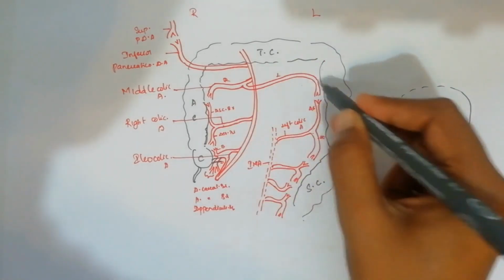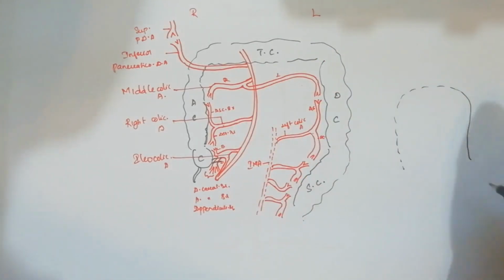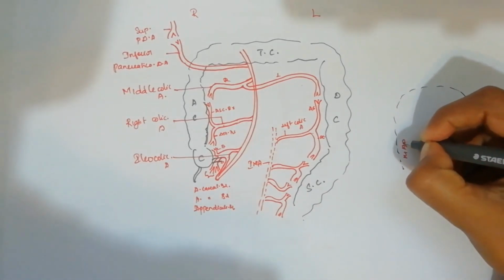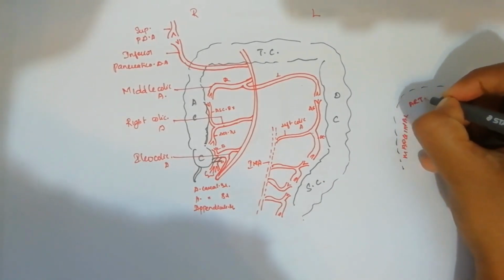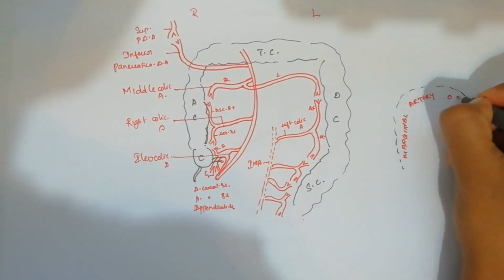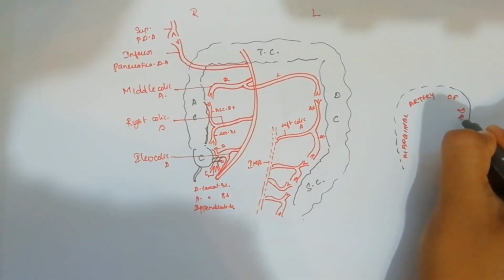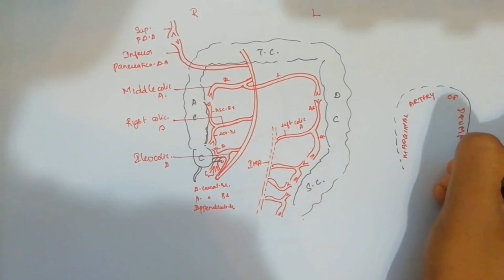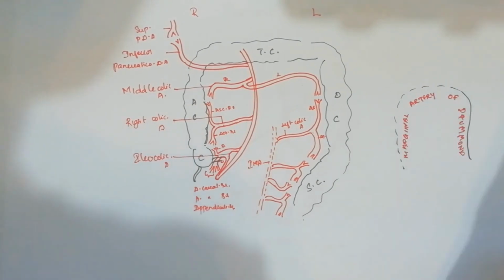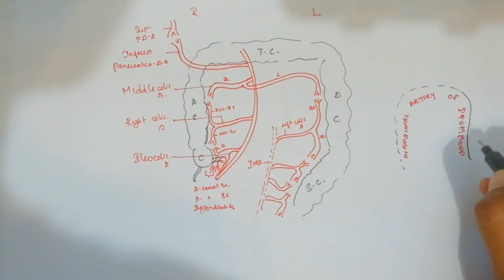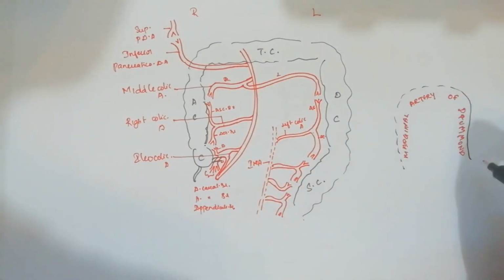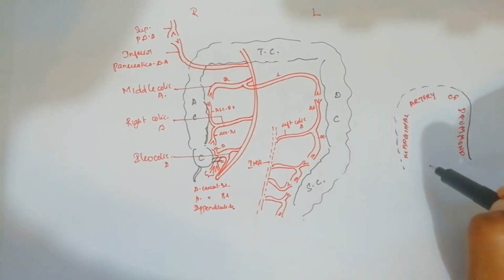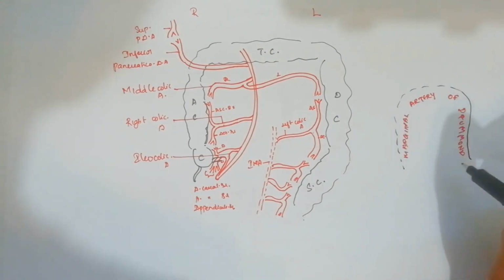This type of arrangement, this arterial arrangement, is called the marginal artery of Drummond. Marginal artery of Drummond is the arrangement of the anastomosis of all these arteries. All these arteries are getting anastomosed in an arch-like pattern. We will call that the marginal artery of Drummond.